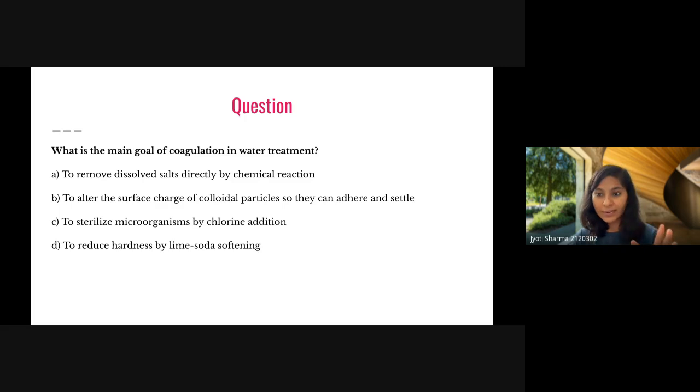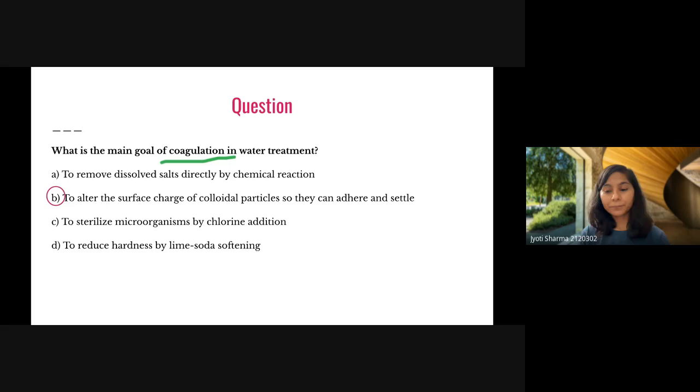So one of the steps to clean the surface water was the coagulation. Now we have some questions on coagulation. Venkatesh gave me answer B. Yes, so I also agree with this. So the answer will be B.